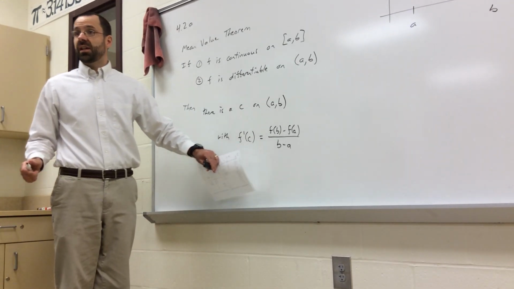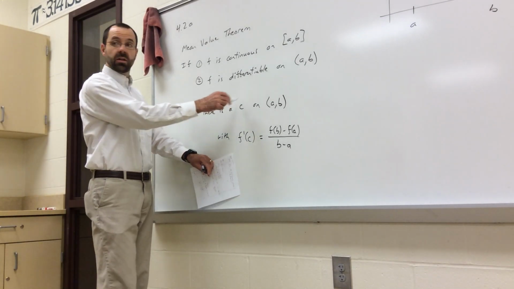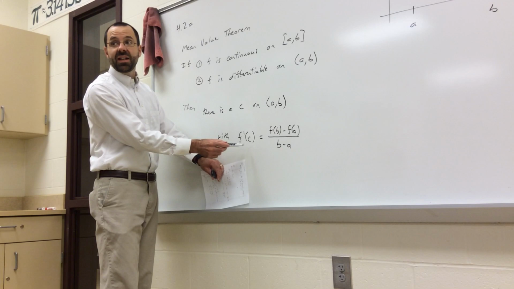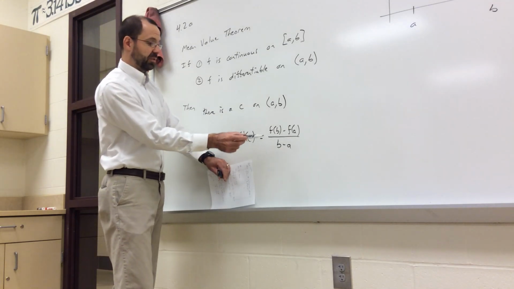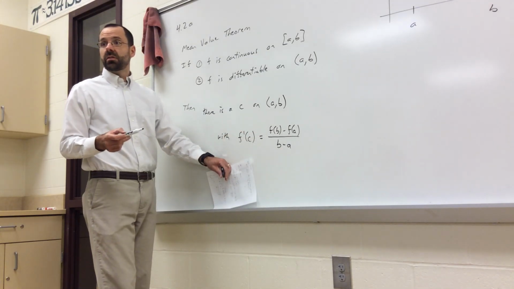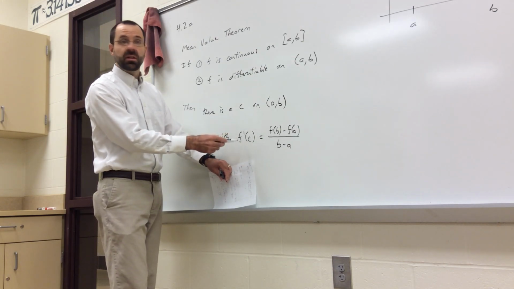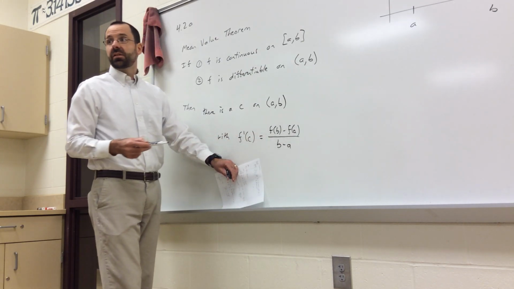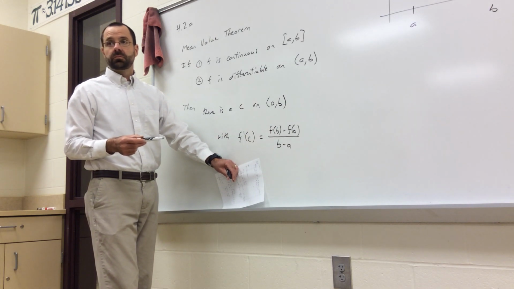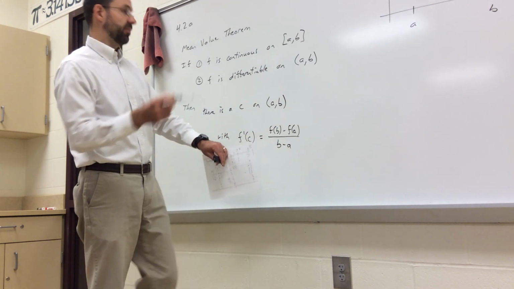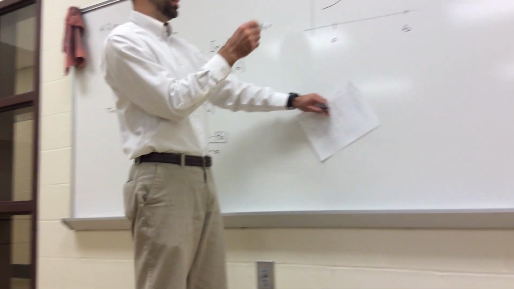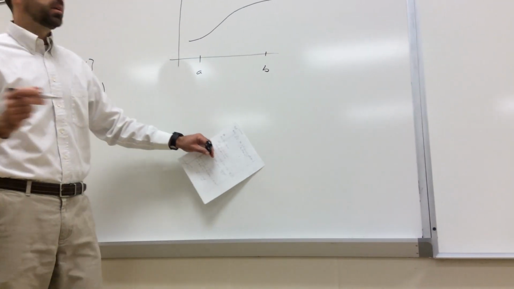Okay, so what this is saying is that somewhere the instantaneous rate of change is equal to the average rate of change. In other words, somewhere the slope of the tangent is equal to the slope of the secant. Okay, so let's see if we can find that place on this graph, because apparently it exists according to that theorem.